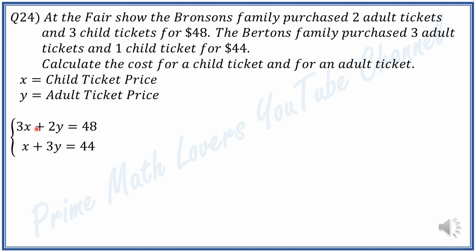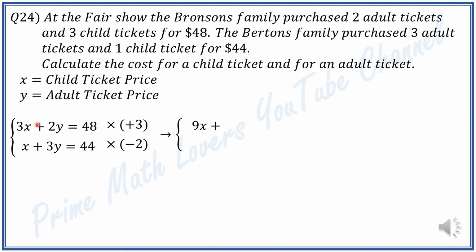In the first equation, the coefficient of y is 2, and in the second equation it is 3. To make these coefficients opposites, we multiply the first equation by plus 3 and the second equation by negative 2.